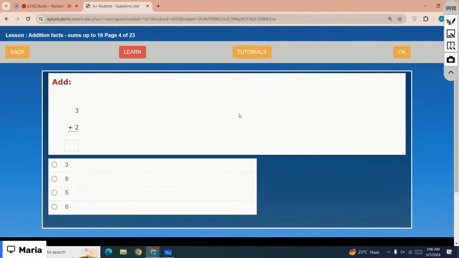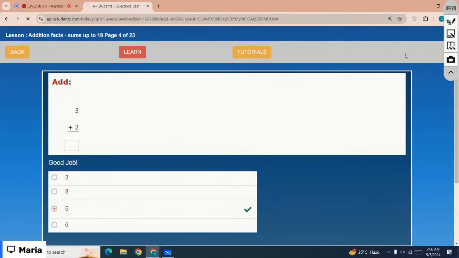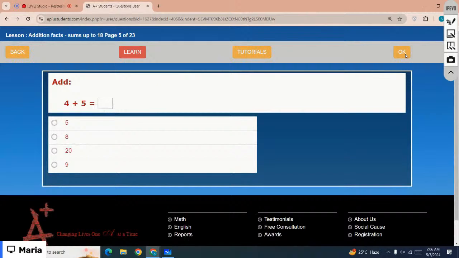The correct option is 5. 3 plus 2 equals 5. 4 plus 5 equals, start with 5 and count until 4, right?